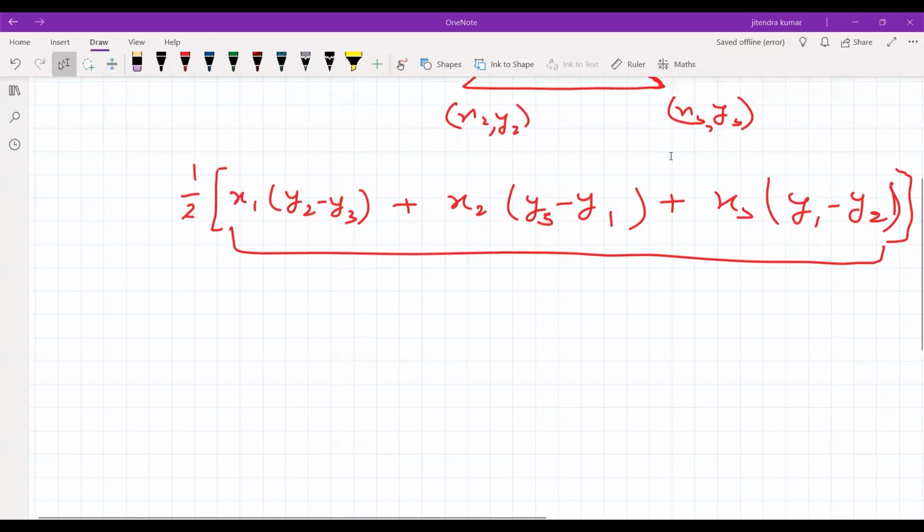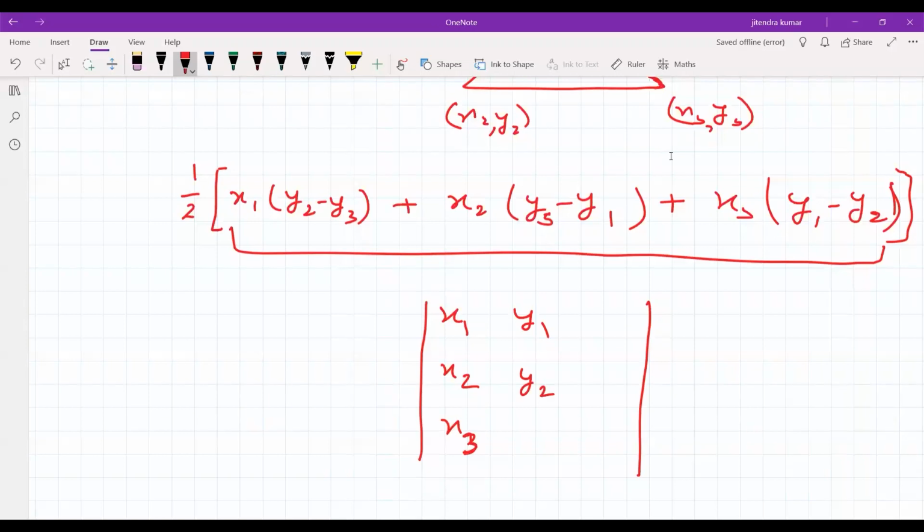It is written like this: x1 x2 x3, which we can write in any one row or any one column, then y1 y2 y3 will be our other column, and then 1 1 1.